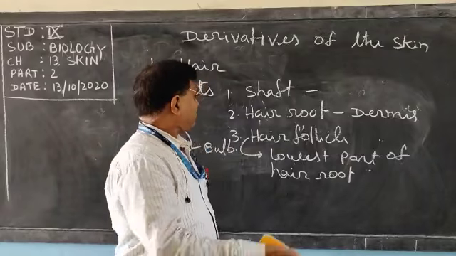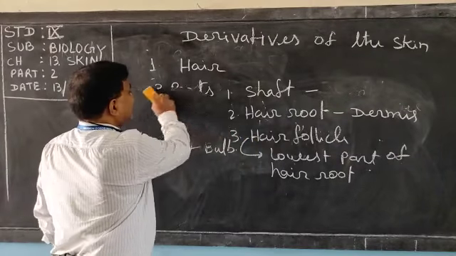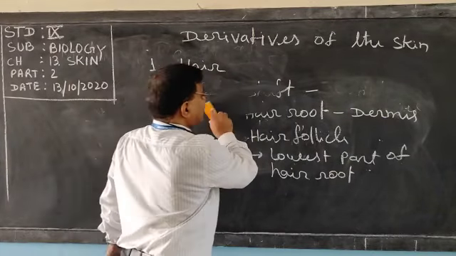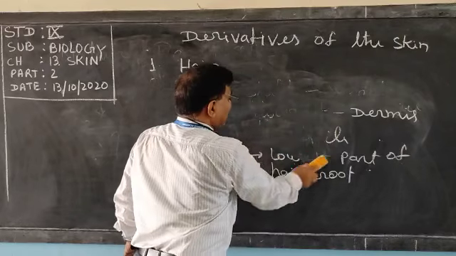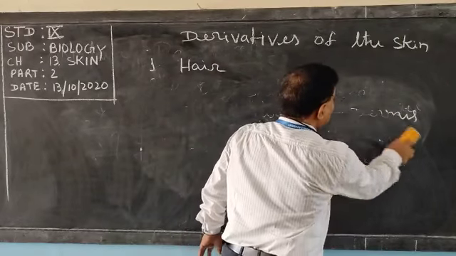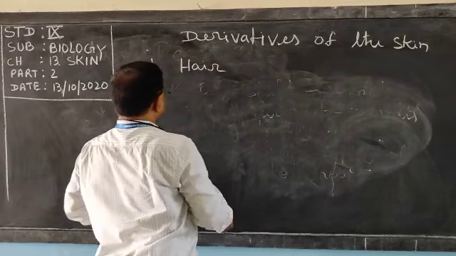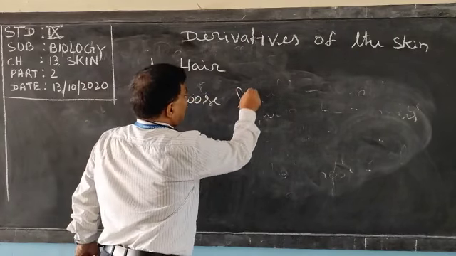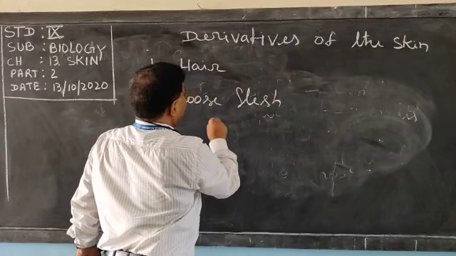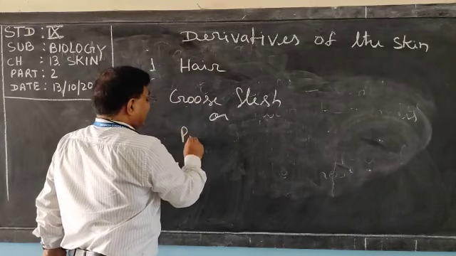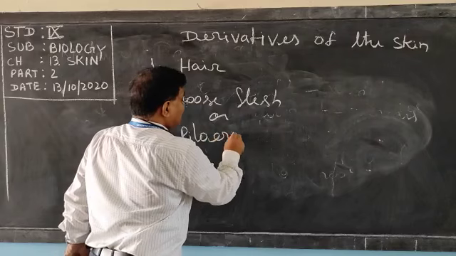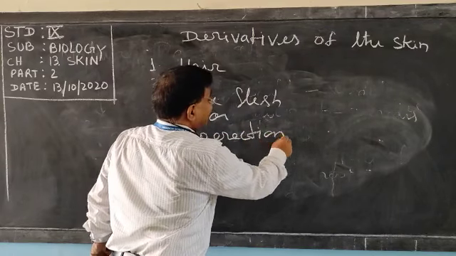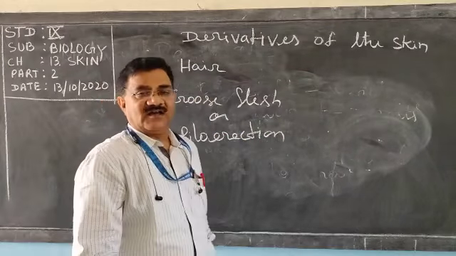Now, the next important part in hair is goose flesh or piloerection, in Hindi रोंगटा खड़ा होना.